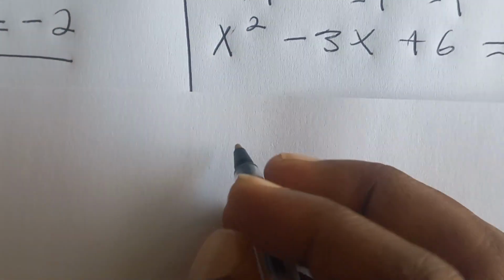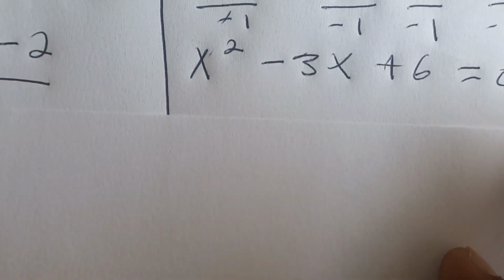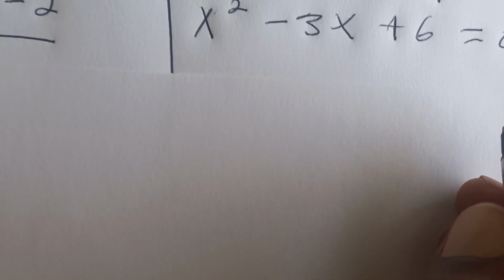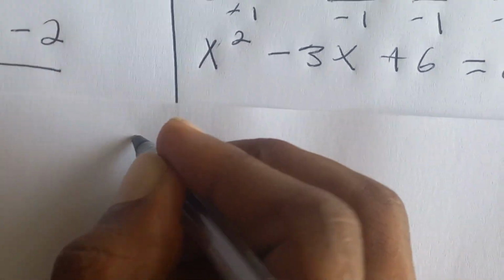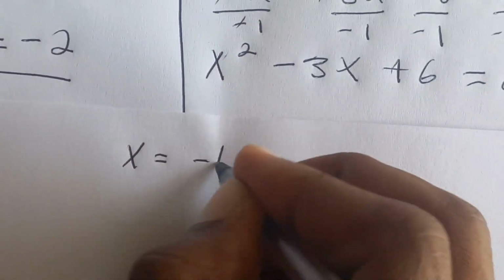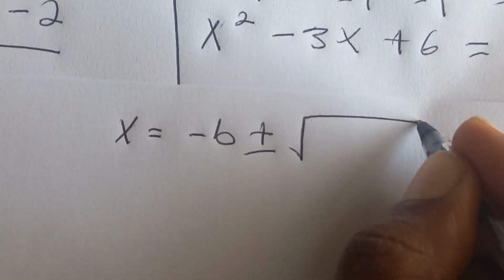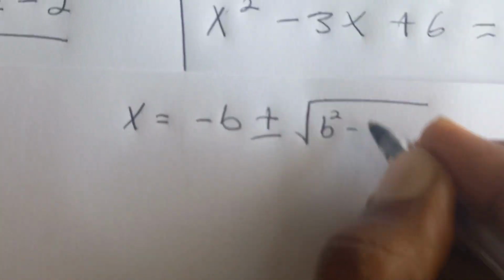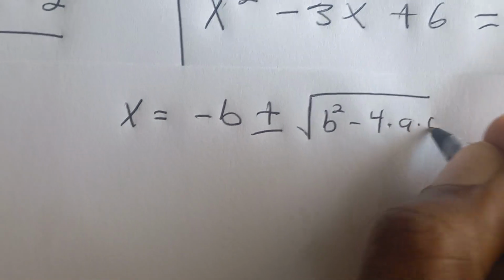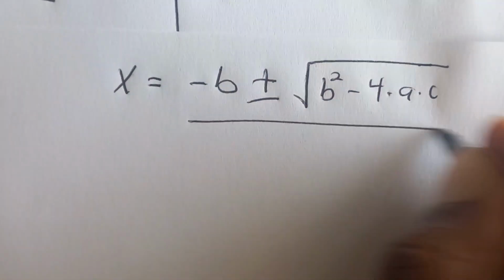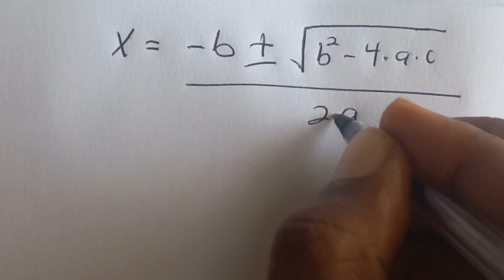From here, we can use the quadratic formula to solve it. So yeah, which is x is equal to minus b plus or minus square root of b squared minus 4 multiplied by a multiplied by c, all over 2 multiplied by a.